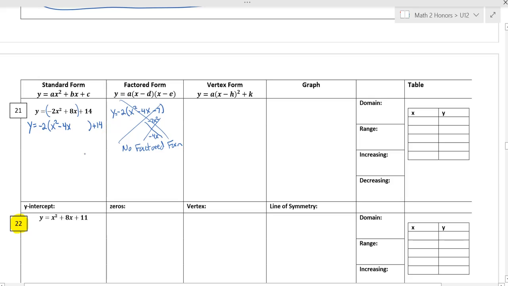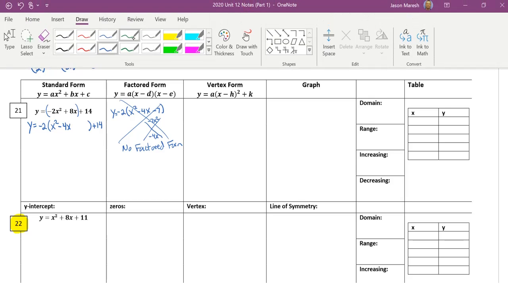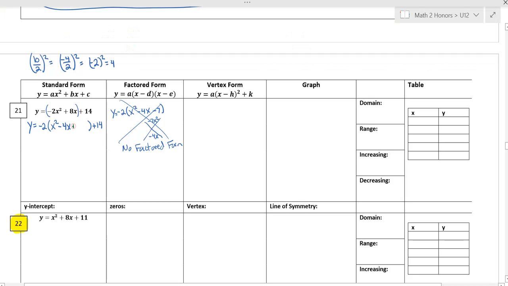Then I take what's in front of x, so I'm going to call that b, the negative 4, and I find out what b over 2 squared is. So b is negative 4, so negative 4 over 2 squared is negative 2 squared, which is 4. So I add that and I subtract that inside the parentheses.